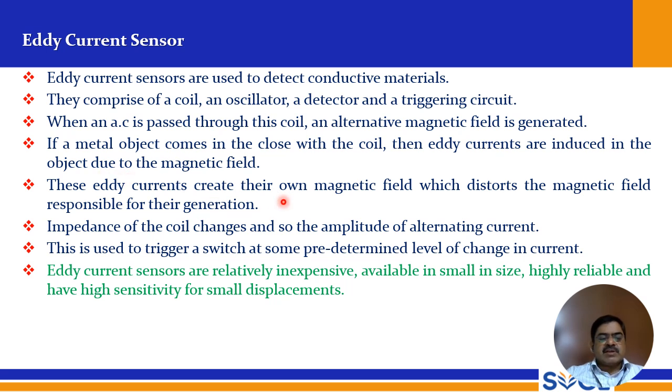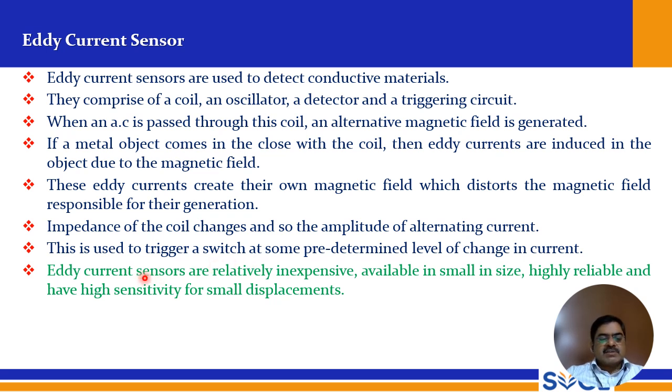These eddy currents create their own magnetic field, which distorts the magnetic field responsible for their generation. Impedance of the coil changes, and so does the amplitude of alternating current. This is used to trigger a switch at some predetermined level of change in current.